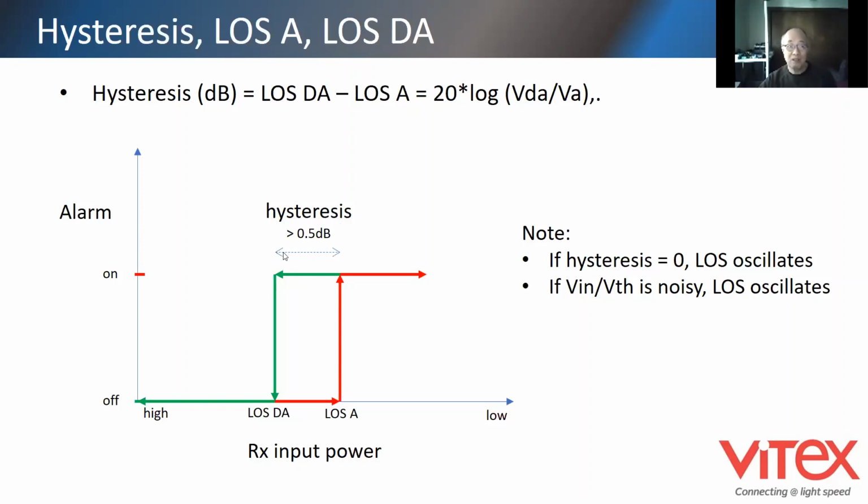That's what everybody specifies, and then it would go to the deassert, which turns off the LOS alarm. Okay, I want you to pay attention to this number. Now, this number cannot be too small. If it's below half a dB, you're in trouble of oscillation. You can see, right, if they're both side by side.